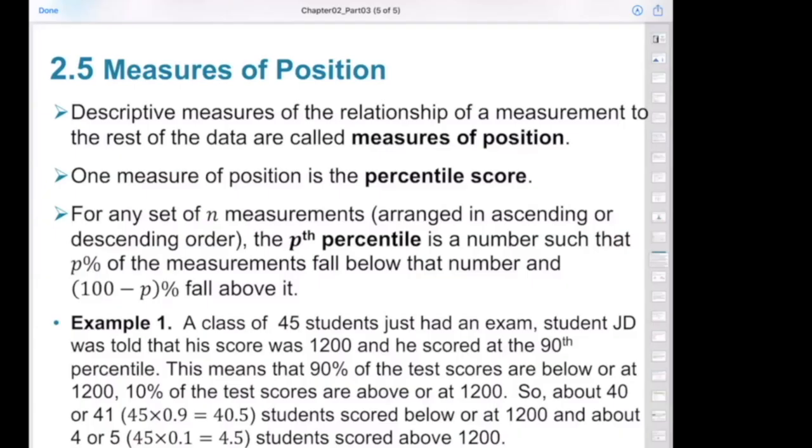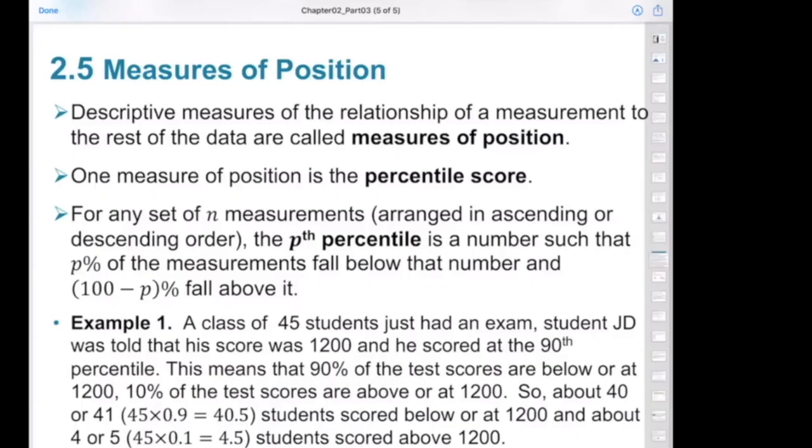We have a class of 45 students who just had an exam. A student, JD, was told that his score was 1200, and he scored at the 90th percentile.